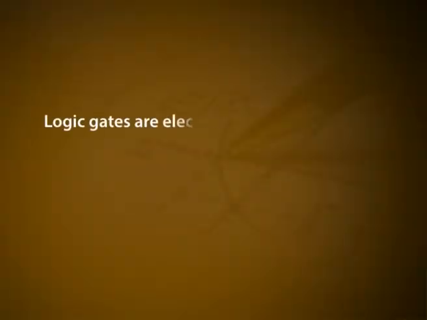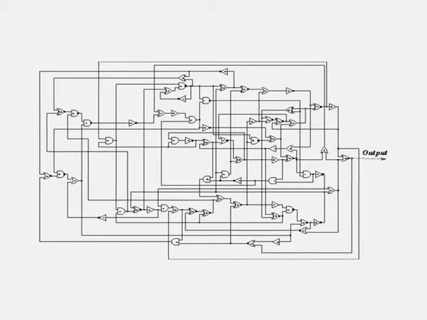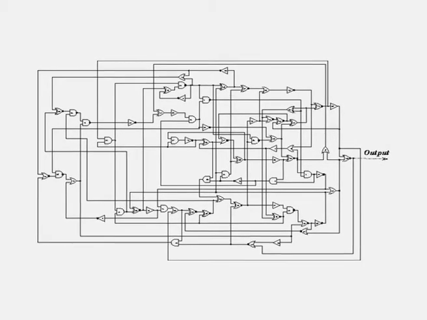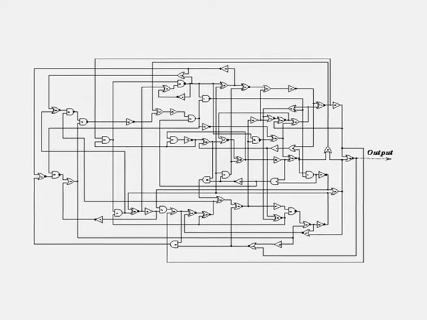Logic gates are electronic circuits which operate on one or more binary input signals to produce standard binary output signals. These are the building blocks of all digital circuits in a computer. Computer circuits are built up using combinations of different types of logic gates to perform the necessary operation. A variety of logic gates are commonly used in digital computer systems.